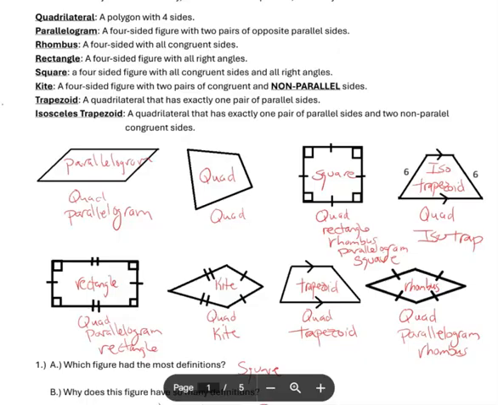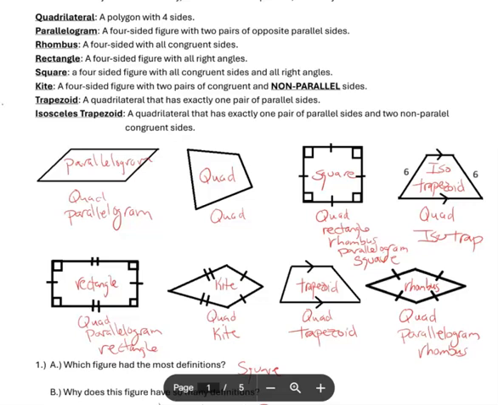The next one is a four-sided figure, so it's a quadrilateral, and it's also going to be a kite. The next one has four sides, so it's going to be a quadrilateral, and it is going to have one pair of opposite sides being parallel, so it's a trapezoid, and it is not going to be an isosceles trapezoid because the other two sides are not congruent.